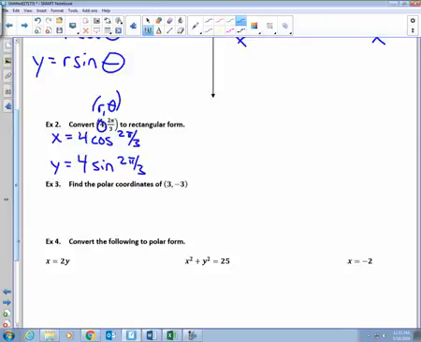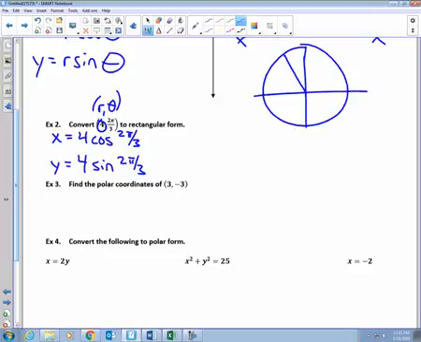Okay, so 2 pi over 3, I'm going to find some exact values. Can somebody tell me on the unit circle, we know the terminal point for 2 pi over 3? 2 pi over 3 is how many degrees? 120, so that leaves me with 60 left over. So if this is 1, this is a half, and this is root 3 over 2, so what's my terminal point? All right, so cosine is the x value or the y value?